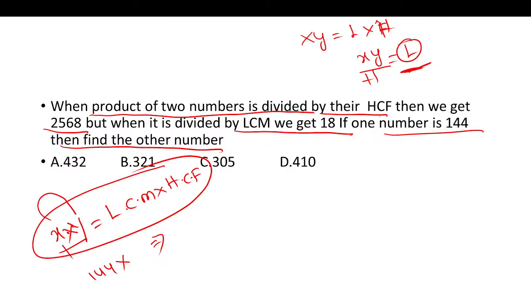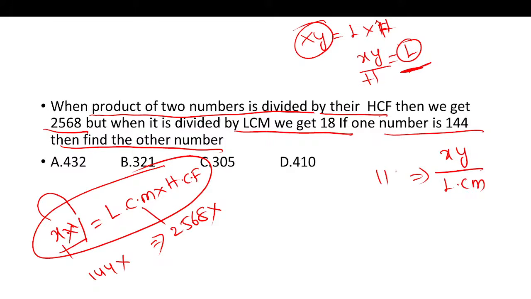What is the LCM we are getting? 2568. But when the product of the two numbers is divided by their LCM, what will you get? Obviously HCF only. And its value is 18.